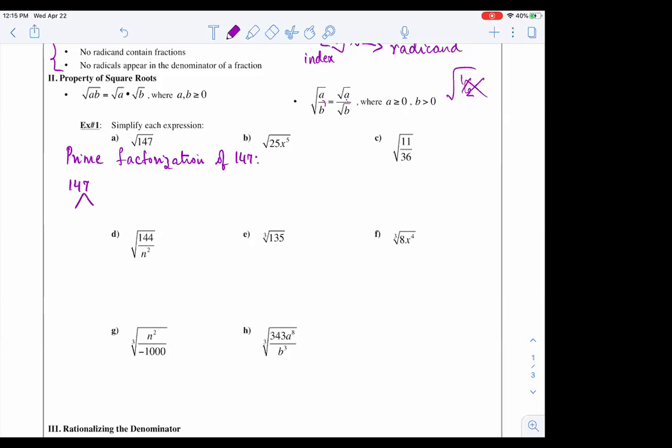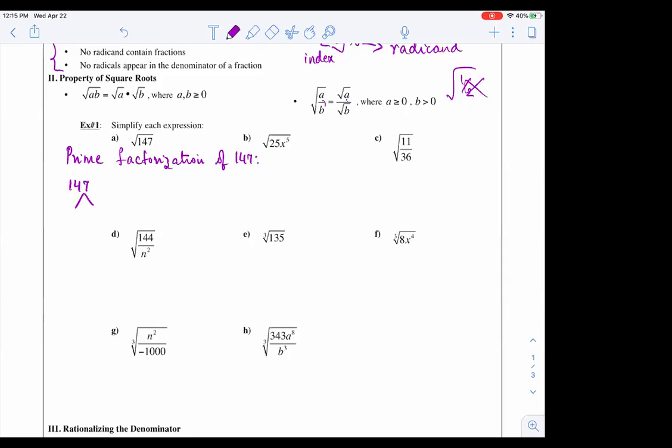I'm going to do the factor tree. When you do the prime factorization for 147, can you start from 2? No, because 147 is not divisible by 2. So what is the next smallest number?